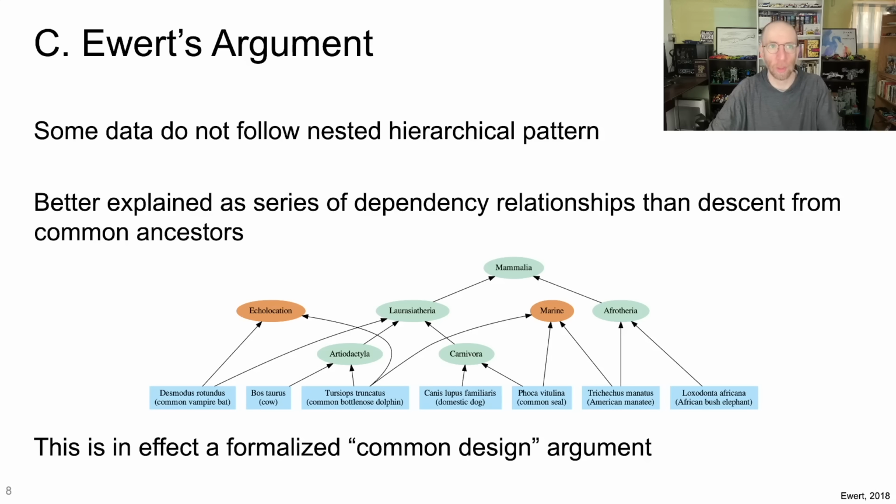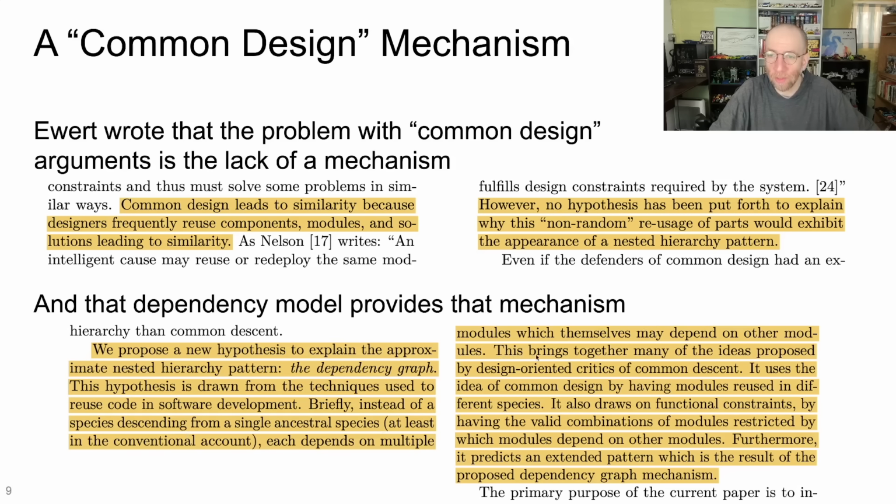He says, "We propose a new hypothesis to explain the approximate nested hierarchy pattern, the dependency graph. This hypothesis is drawn from the techniques used to reuse code in software development. Briefly, instead of a species descending from a single ancestral species, at least in the conventional account, each depends on multiple modules which themselves may depend on other modules. This brings together many of the ideas proposed by design-oriented critics of common descent.